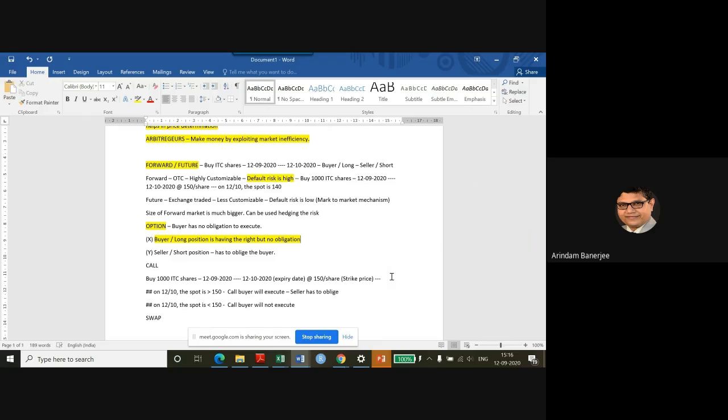The seller will not allow this right to the buyer free of cost. So for getting that right, the buyer needs to pay a premium. And who will collect this premium? The seller.